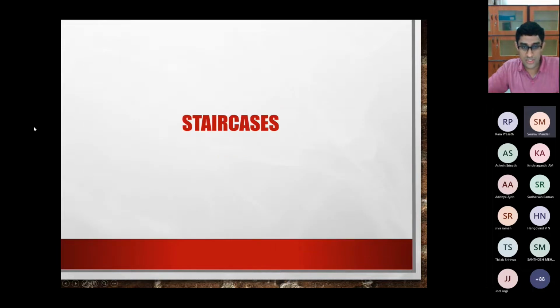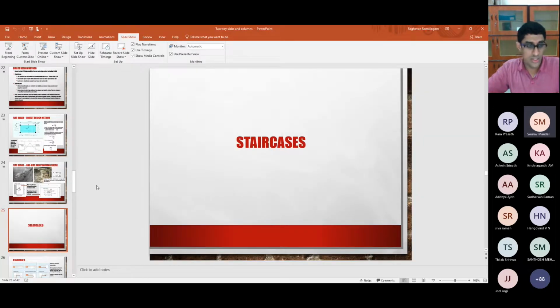Okay, moving to staircases. Probably I'll just show you how to use the column and middle strips. It'll take only 5 minutes. It's not a big topic. Because I'm not doing a problem, I'll just demonstrate how to use it.